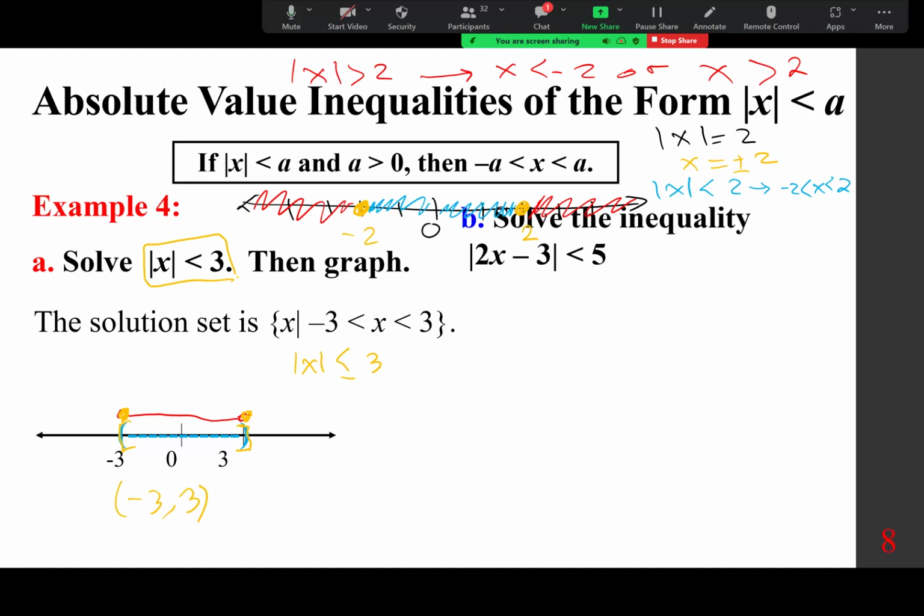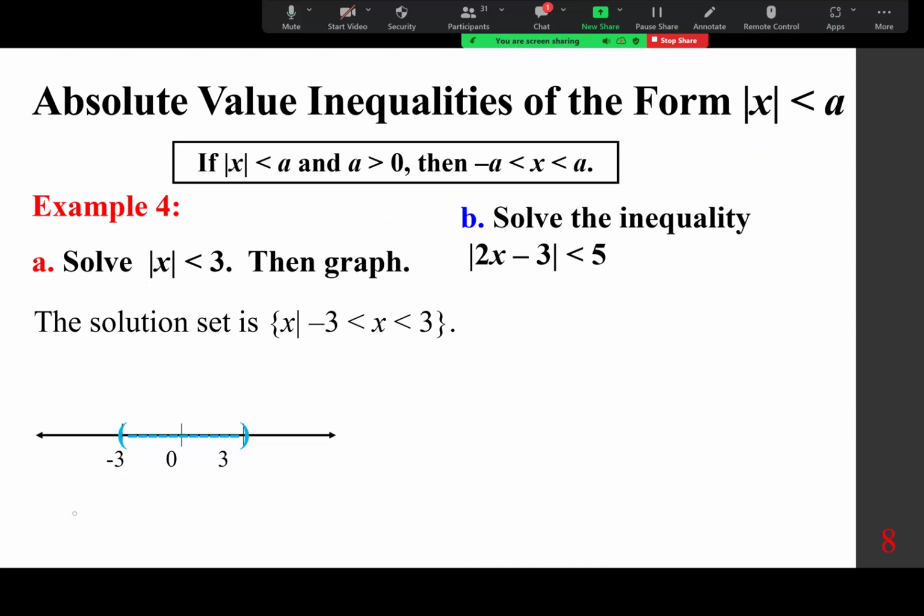Let me clean up so we can see how this thing works. Same thing as this one here, we are going to have this sandwiched between negative and positive 5. And now we are going to add 3 to all sides, all 3 sides.